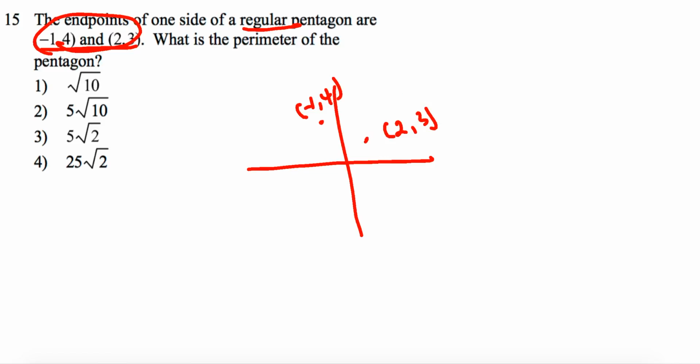You can, of course, use the distance formula, or you can just check the change of x and change of y. How about change of x? It started from -1, it ended up being 2, so we get 3 as the difference in x values. How about y values? 4 and then 3. The difference here is in fact 1.